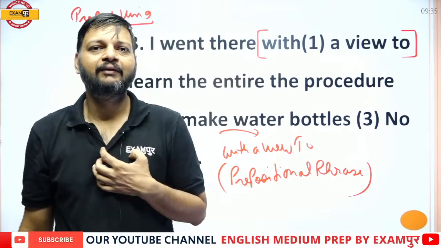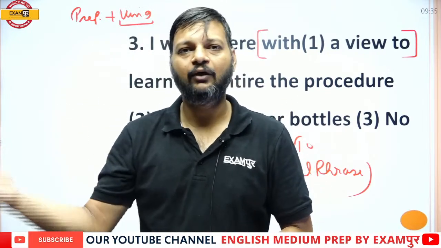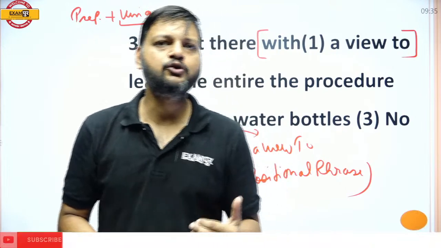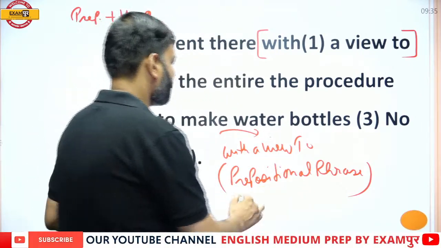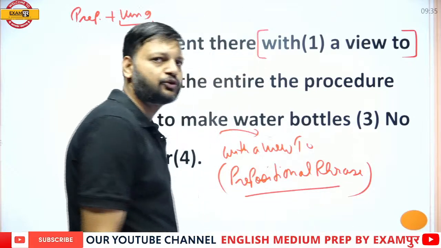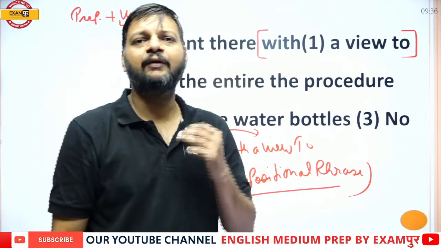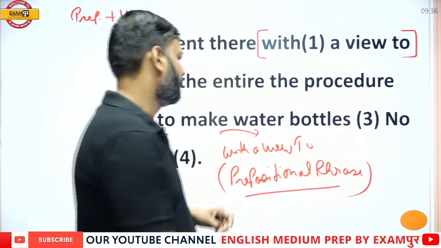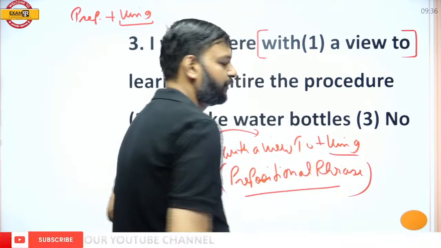So I would say that I am going to market with a view to buying vegetables. So with a view to is a prepositional phrase. Now the story must be clear. If with a view to is a prepositional phrase, it must be followed by a gerund. So here you have to use gerund.